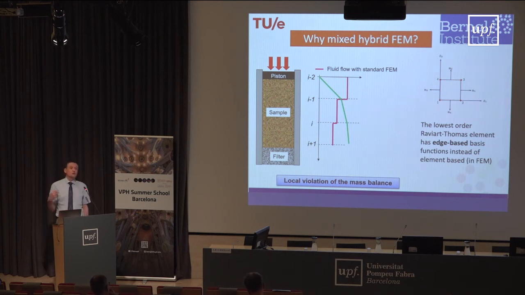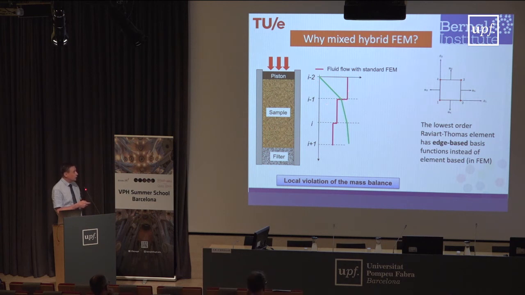We can also try to simulate this. Then we have a finite element mesh, a few elements one on top of the other, and we define pressure. Typically we would assume pressure to be linear inside an element, so we have piecewise linear variation of pressure, and then we derive our flow with Darcy's equation: flux equals gradient in pressure times permeability.